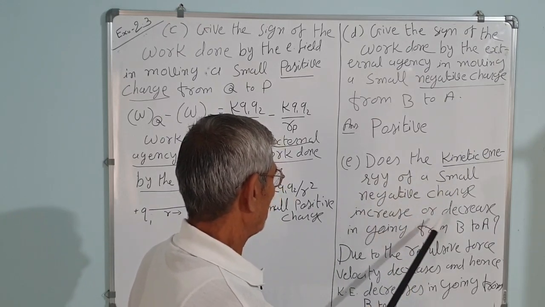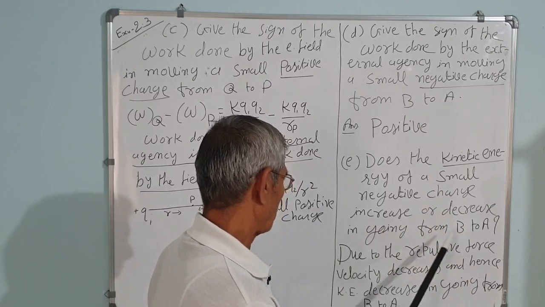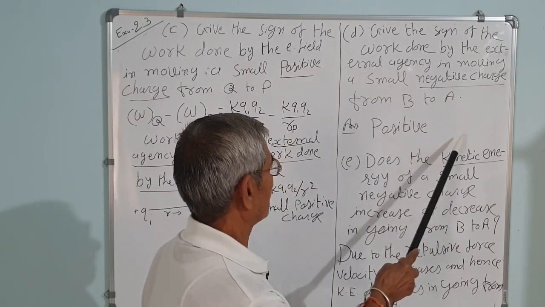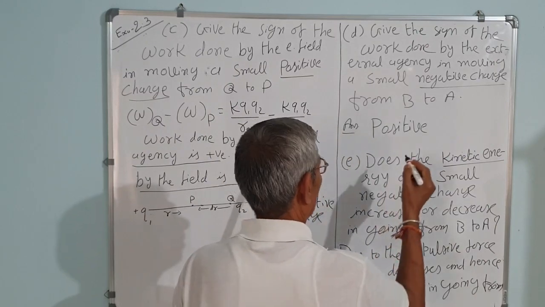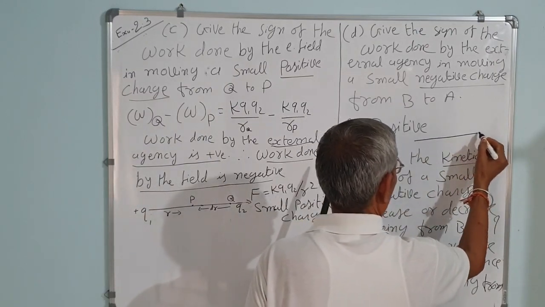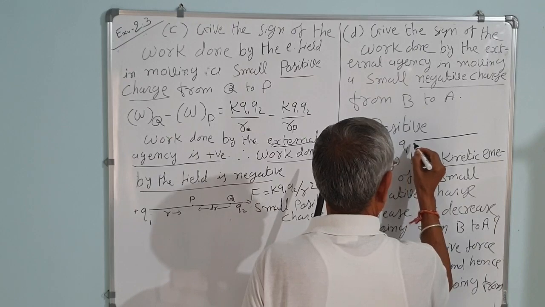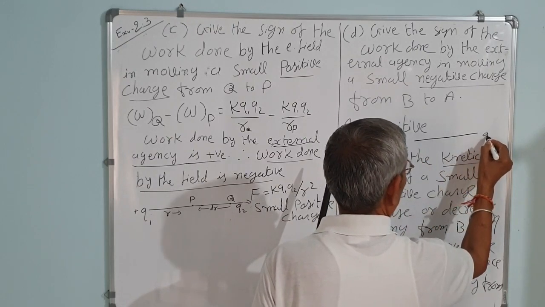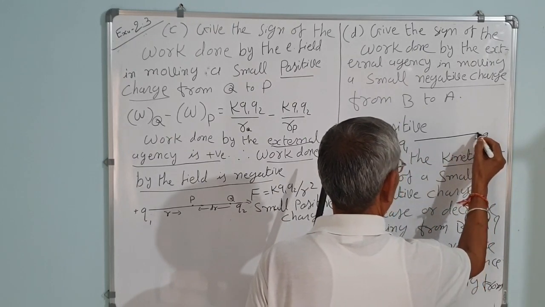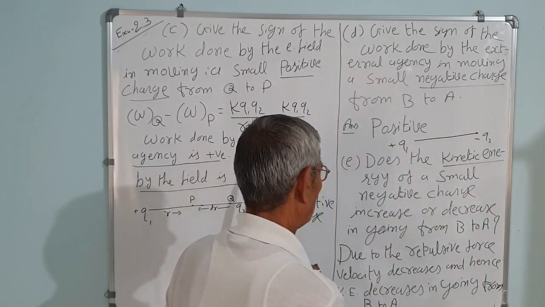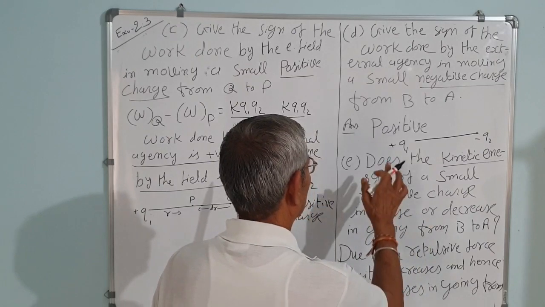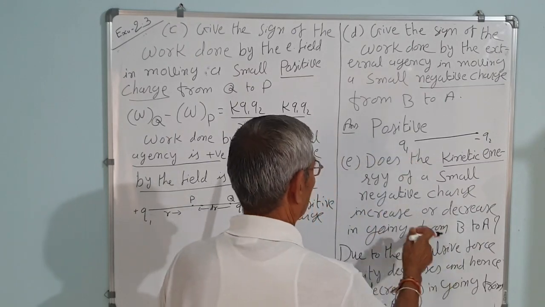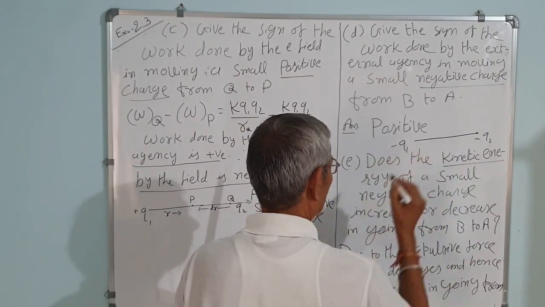Does the kinetic energy of a small negative charge increase or decrease in going from B to A? If we bring the charge, say Q1 positive and Q2 negative, minus Q2. This is also negative, that is another case. So there is a repulsive force.